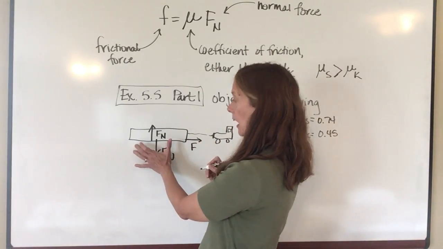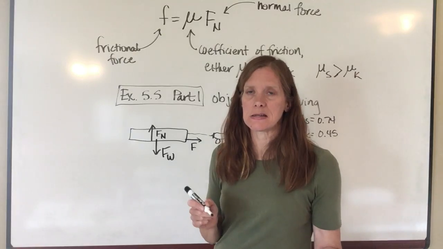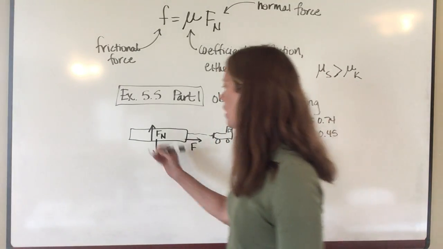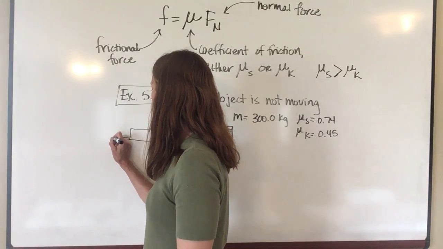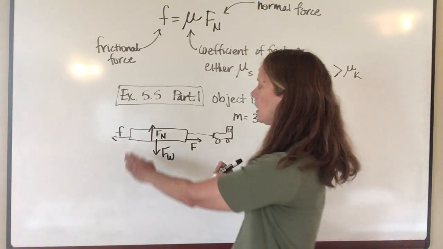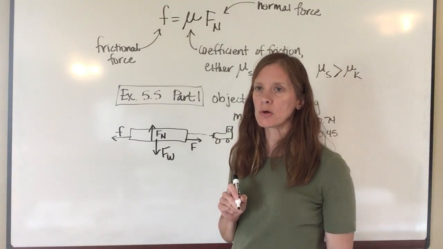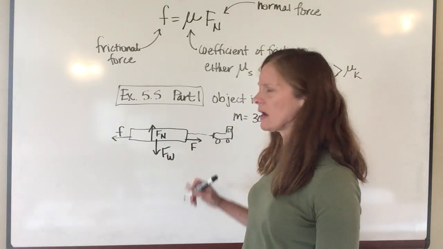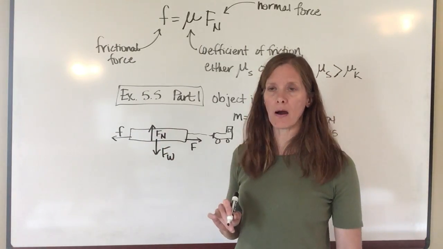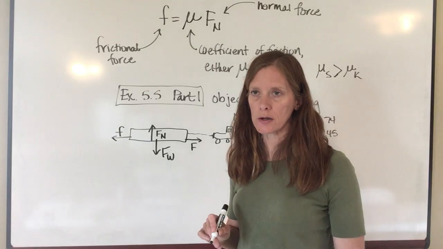And because the object is sitting on the ground, the log is not sitting on a frictionless surface, there's going to be friction involved. And so the friction is going to be acting in a direction to oppose the motion, and we define that by a lowercase f. Okay, so this is all of the forces that are acting on this particular log.